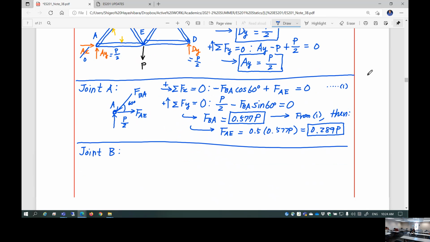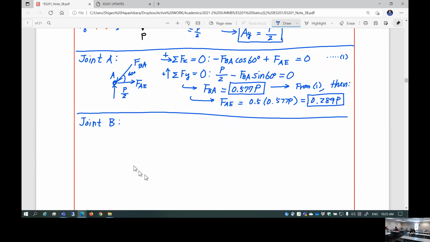Okay. So now you're going to draw joint B here. Now for this joint, you have a force from the member CB. This is FCB.